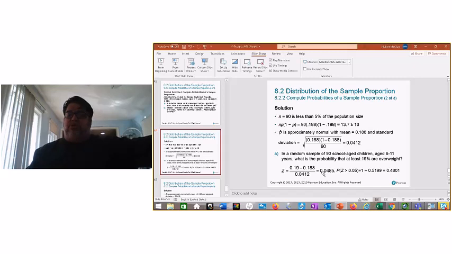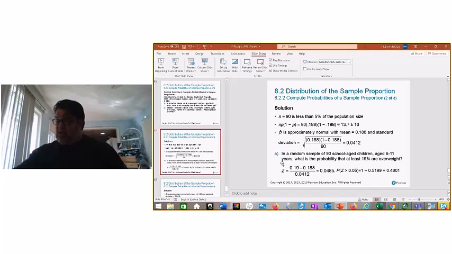Now the reason you didn't do the square root of n, that 8.1 stuff, that's a different problem. Okay? This 8.2, you got to find that z-score. You don't use that square root of n. This is a different animal. You do x minus x bar over your standard deviation of p hat. So if you need to write it down like that, you can.